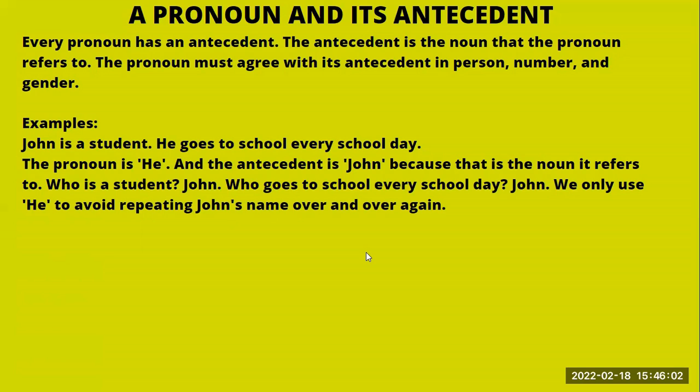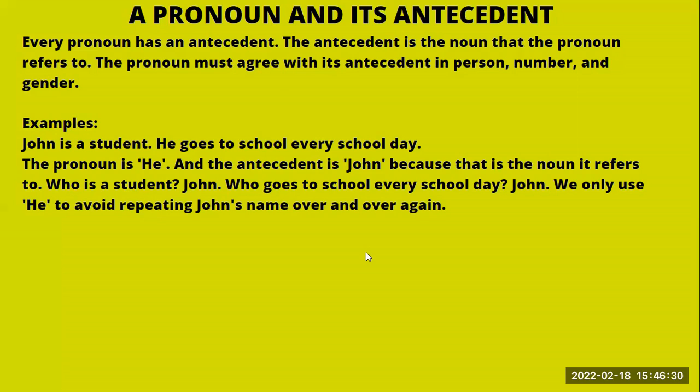But after you have named him or her, then you need to use a pronoun to replace that noun in subsequent sentences. And the noun you have first used is the antecedent of the pronouns that will replace it in subsequent sentences. So we say that every pronoun has an antecedent.